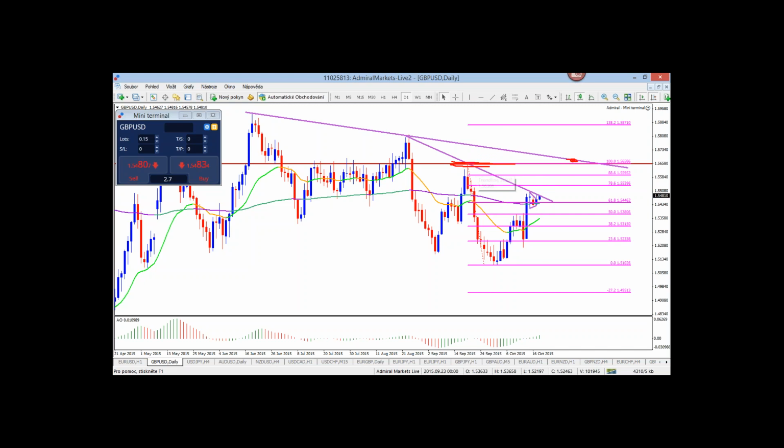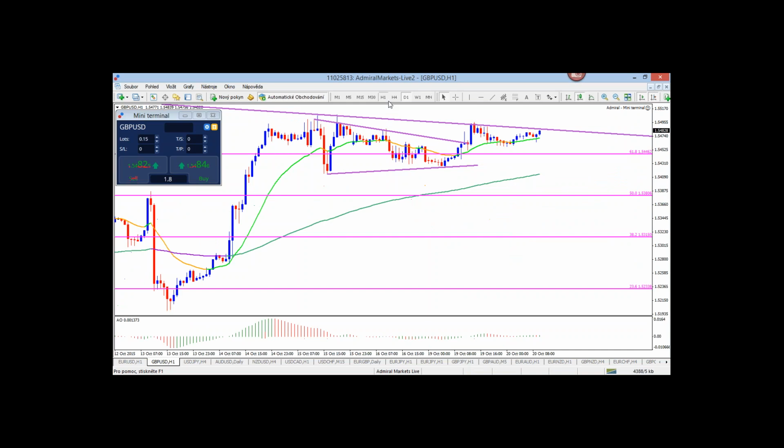That would mean a break of last month's high, and in that case there's potential for a strong trend change on the higher time frames. Therefore, if price does move up into these fibs, I think it's a prime target for shorts. So that, I think, is the most interesting trade, personally.